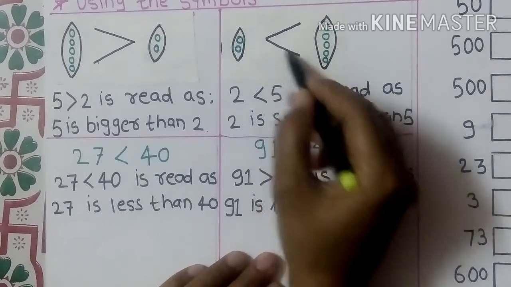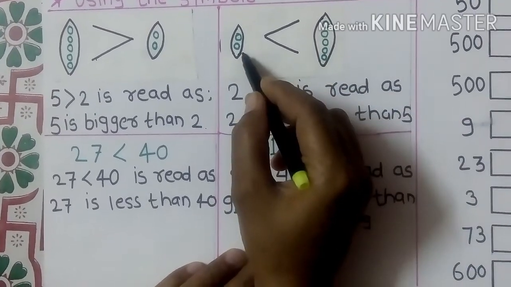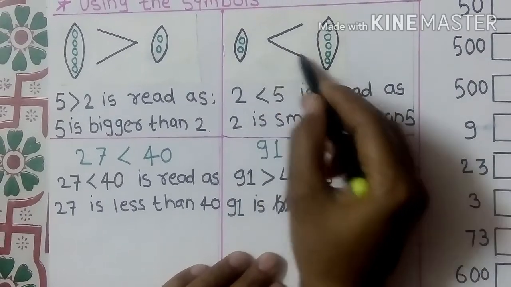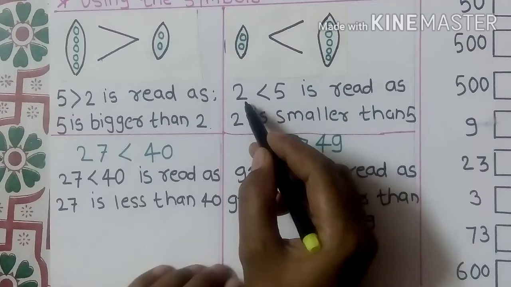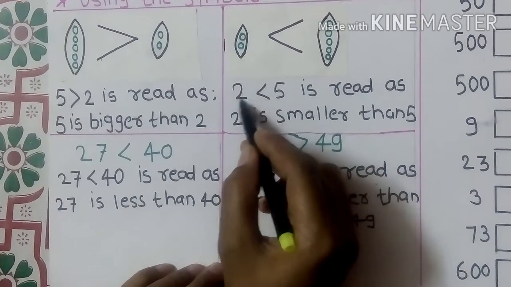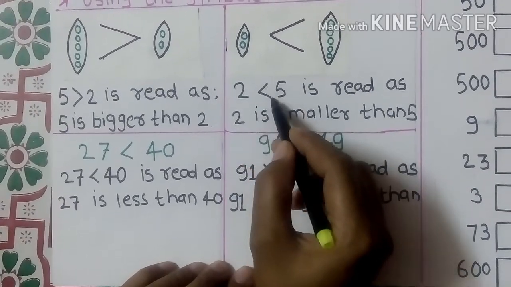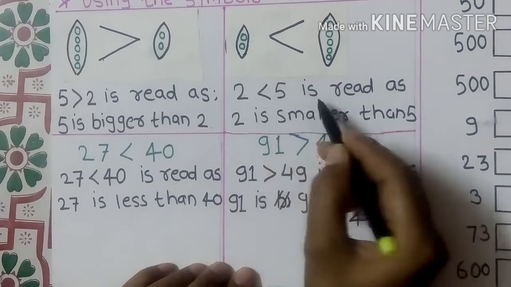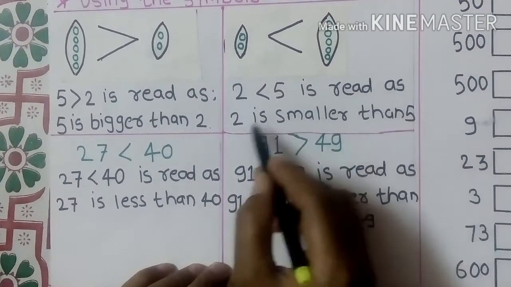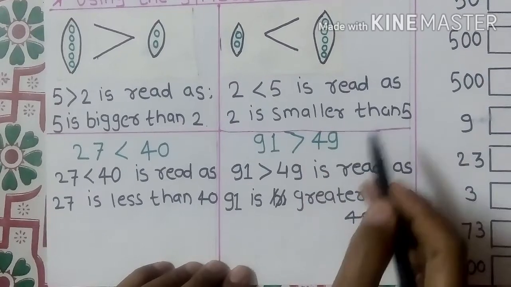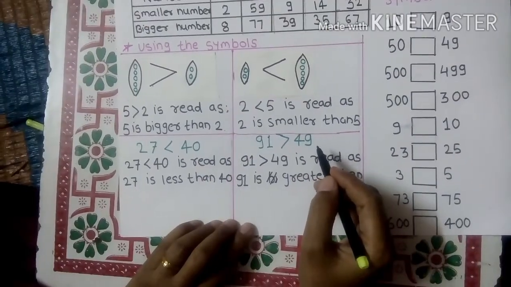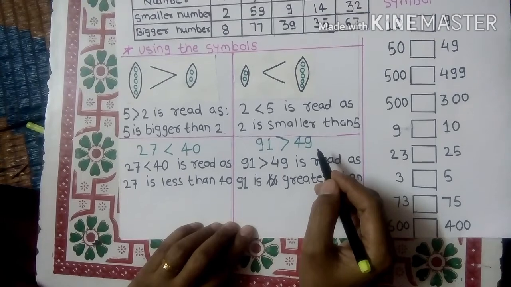This is the symbol of smaller than. 2 is smaller than 5. Okay, we write this symbolically as 2 smaller than 5 and it is read as 2 is smaller than 5, or we can say less than 5.